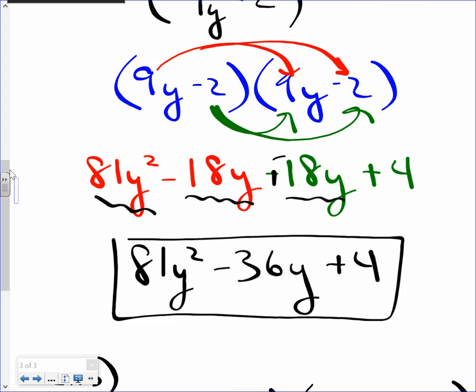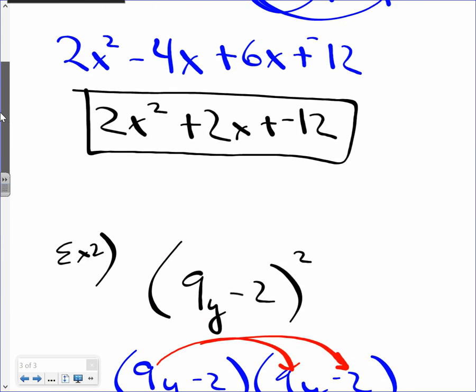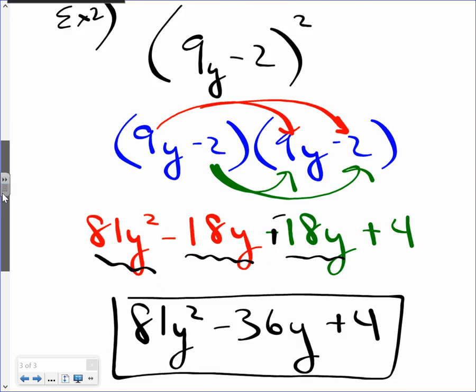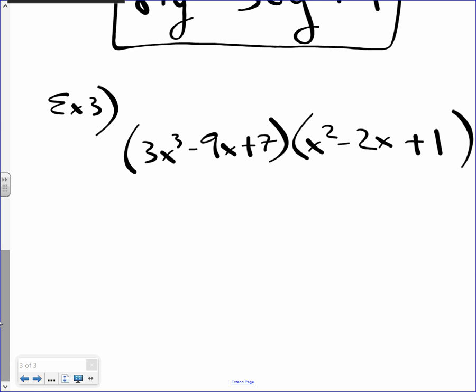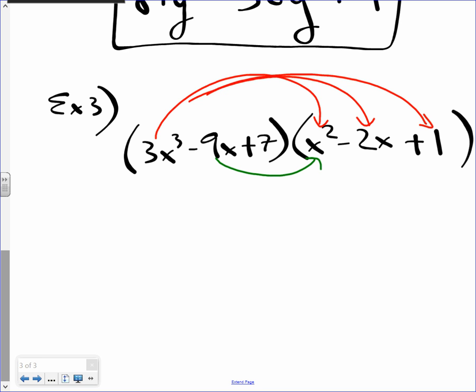Binomial times binomial that we've been doing, you should have seen that in math 2. You should have, if not, no big deal. So let me color code this. 3x to the third, I'll multiply by the x squared, by the negative 2x, and by the 1. The negative 9x, I'll multiply by the x squared, by the negative 2x, and the 1.